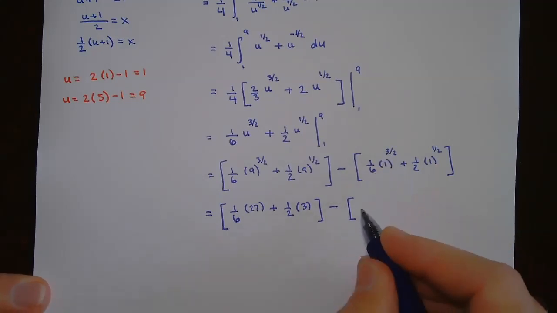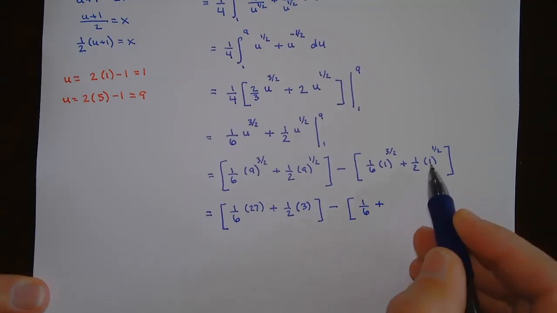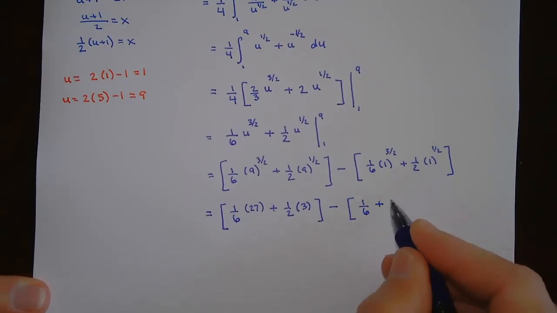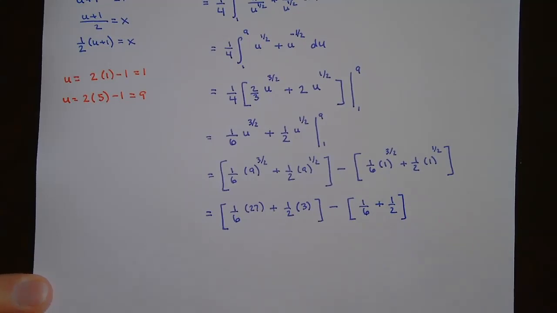So that's still 1/6. And then plus, the square root of 1 is 1, so this would be plus 1/2. I'm going to close my bracket. So this becomes 27/6, and this is plus 3/2.